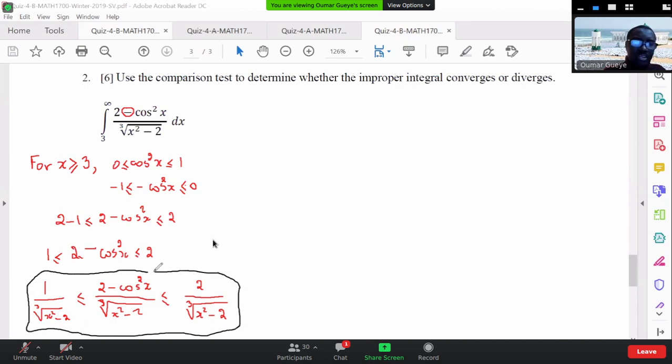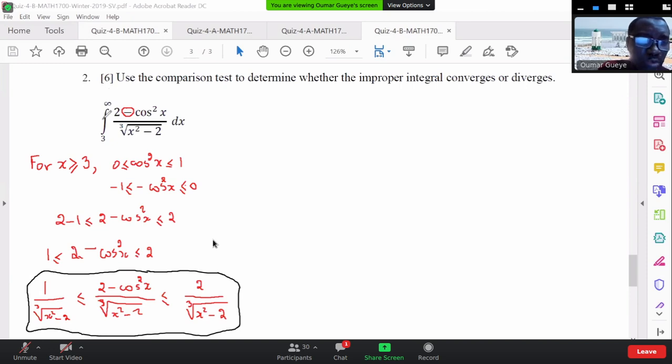But from here, you cannot conclude, because as I told you yesterday, when you want to use the comparison test, you have to compare your integral with one of the p integrals. The integral is of type 1 because of infinity.